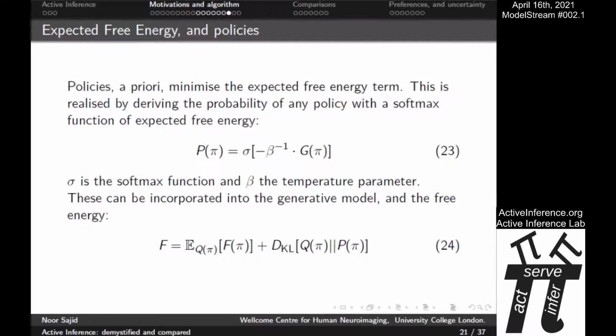The key thing to note is that for the sake of simplicity, I'm not going to go through a lot of the details about how these are optimized, but you can do that in multiple different ways. For example, in active inference, we can optimize the expectation about the hidden states of interest, the policies, the precisions through inference, and then we can also optimize the model parameters through the learning procedures involved.